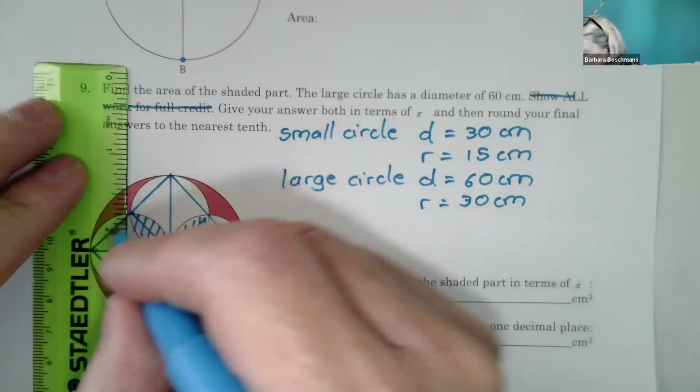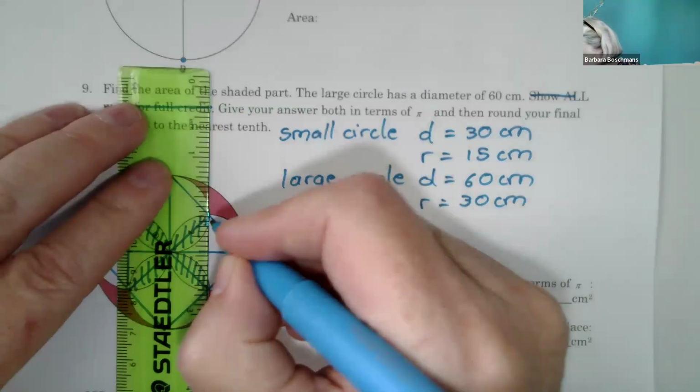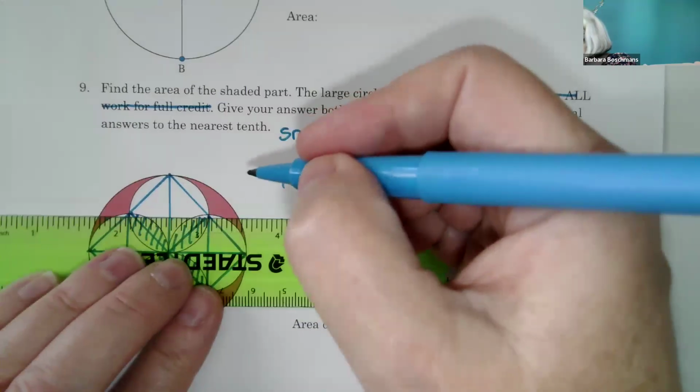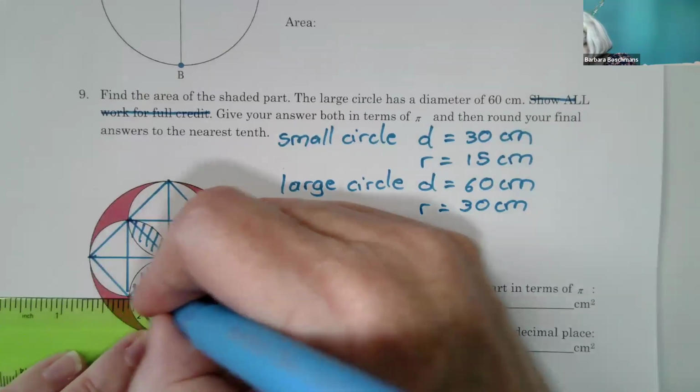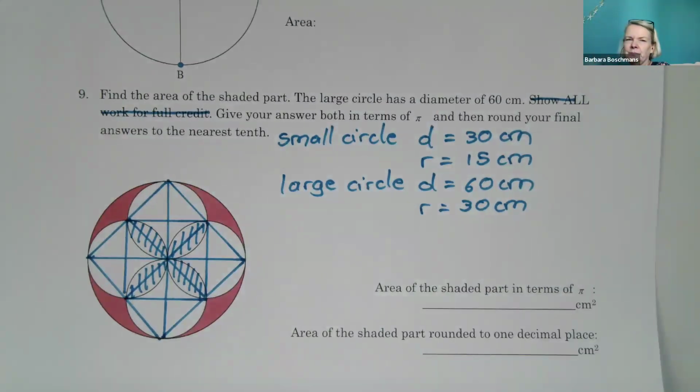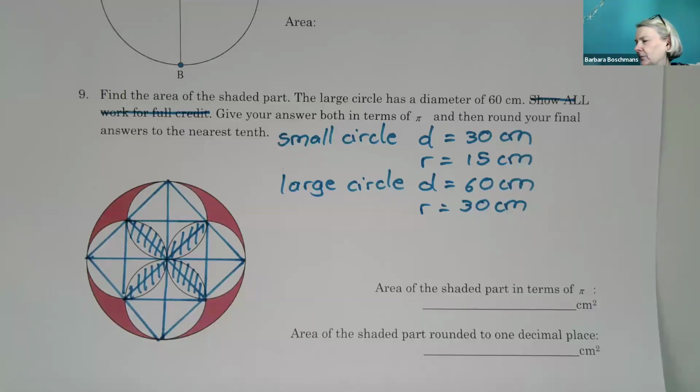I'm going to move down a bunch of lines. Okay, I see it now. I hope you do too. So what I see now is a large circle. I see 4 half circles in a square. So let's see if that helps you find it. If I can take a large circle and subtract the 4 half circles and subtract the square, I will get the area of the shaded region.